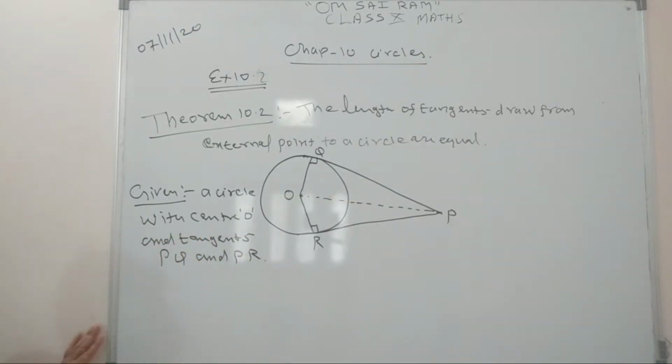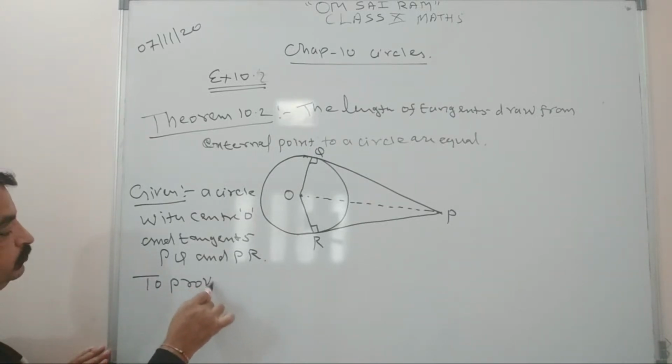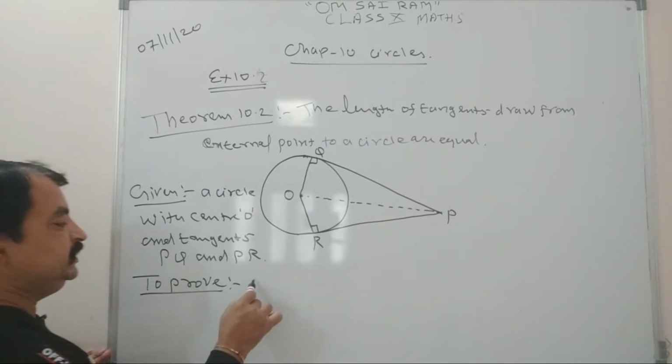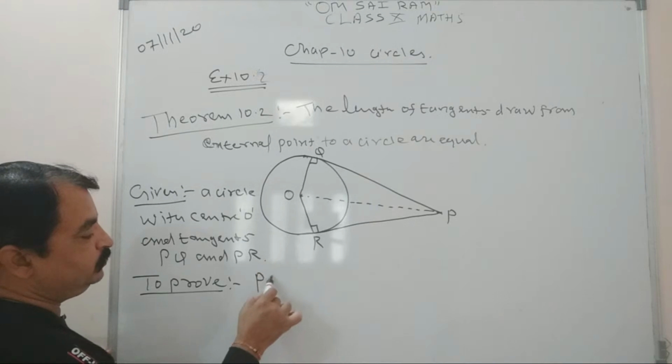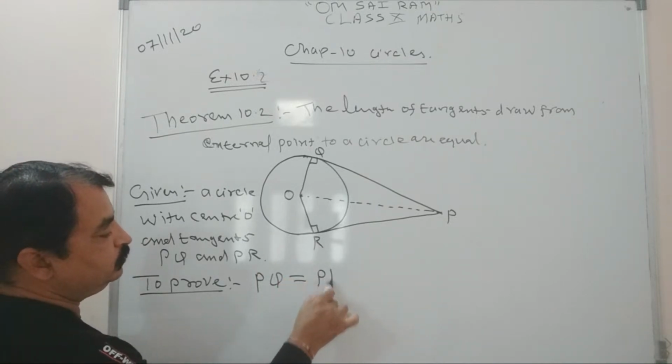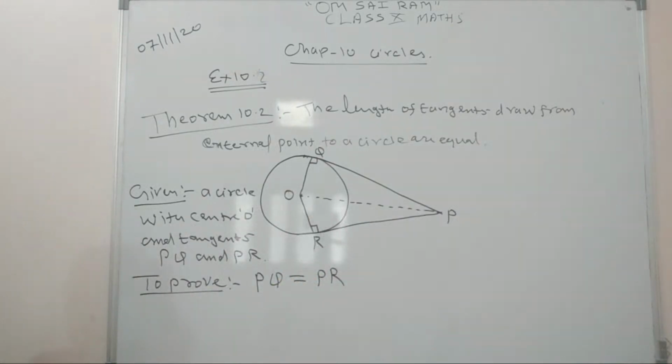This is the given. What you have to prove, children, here we write the to prove. This is to prove: tangents from an exterior point to the circle are always equal. That is PQ equal to PR. This we have to prove, children.